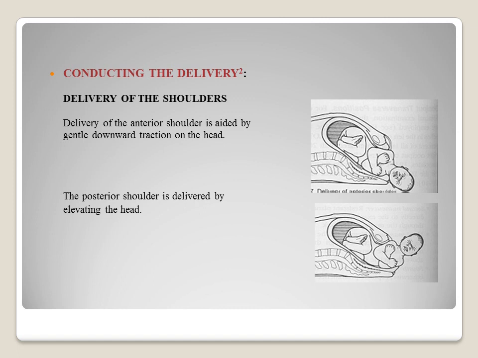Conducting the delivery of the shoulder. Delivery of the anterior shoulder is aided by gentle downward traction of the head to assist the delivery of the anterior shoulder, and then the posterior is delivered by elevating the head as shown. The head delivery happens after we do suction and cleaning of the airway of the baby.